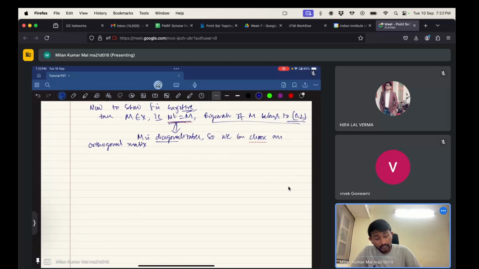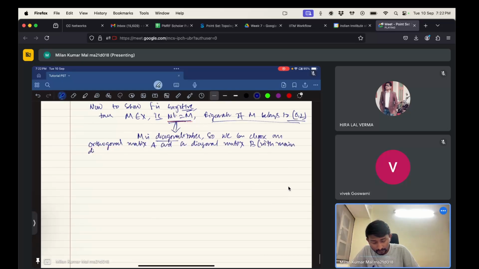So we can choose an orthogonal matrix A and a diagonal matrix B with main diagonal entries belonging to the interval (0, 2). Why is this happening?